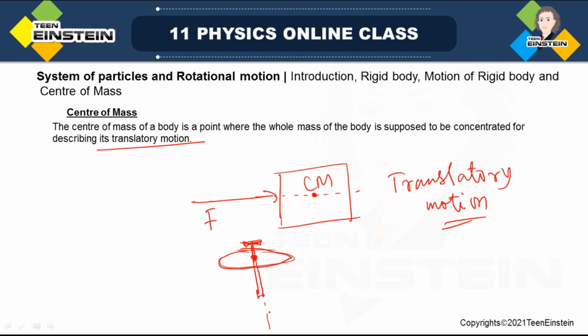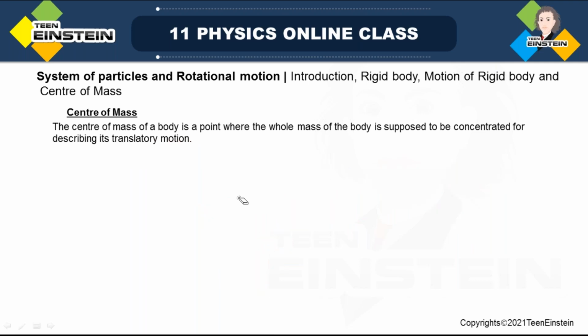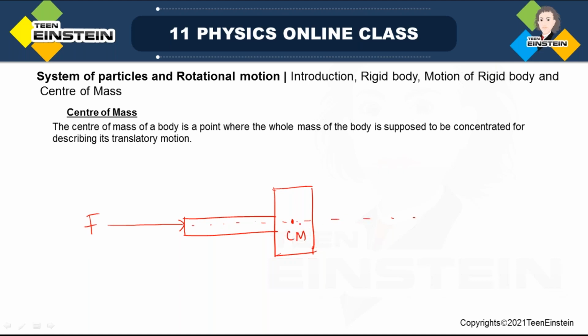Suppose you have a hammer, a kind of hammer like this, and the center of mass is somewhere here. When you apply a force like this, the line of action of the force passes through the center of mass.